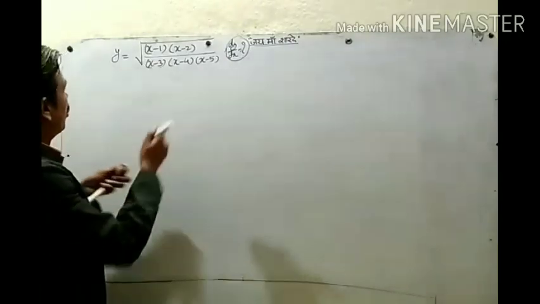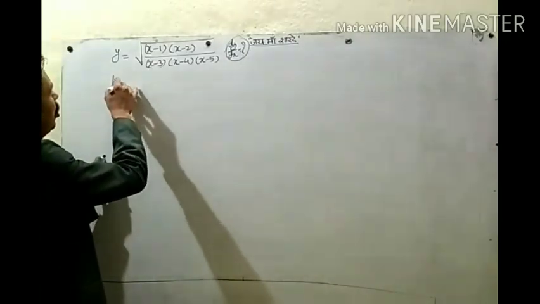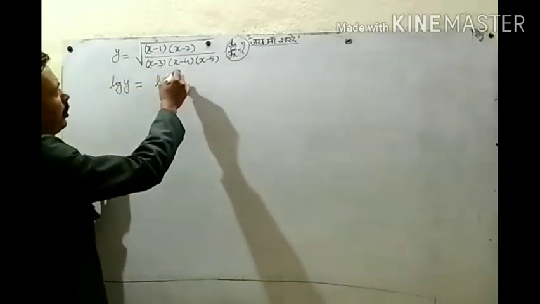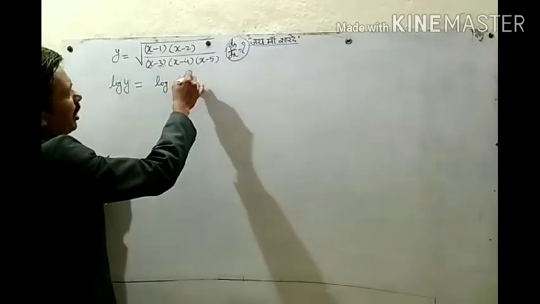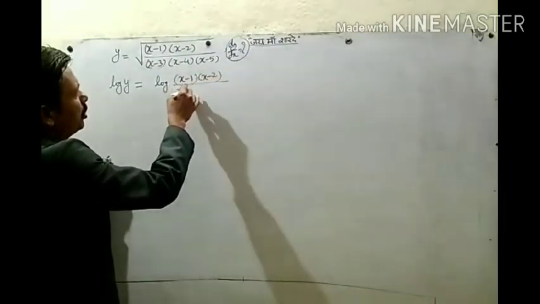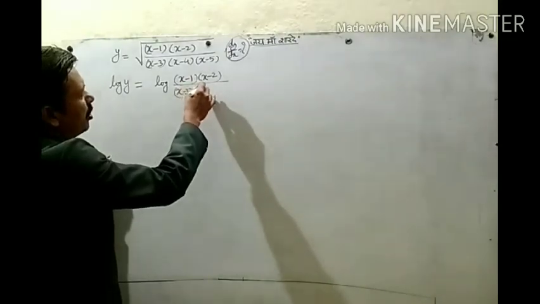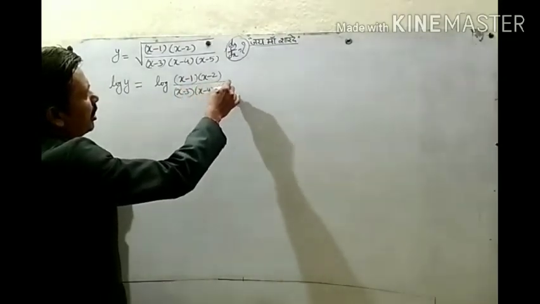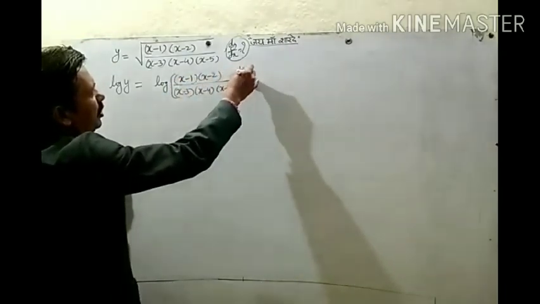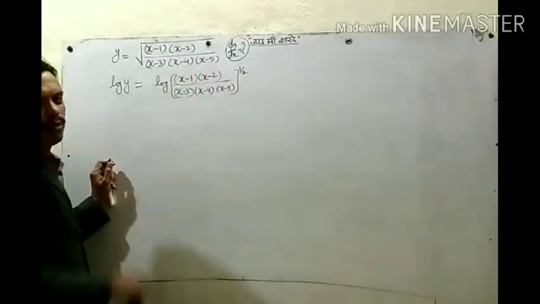So using log, what will happen? Taking log on both sides, we get log of y equal to log of (x minus 1) into (x minus 2) upon (x minus 3) into (x minus 4) into (x minus 5), and its power half. Now the square root can be written as power half.